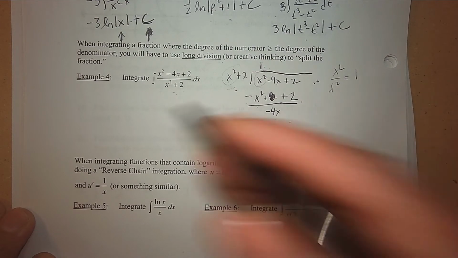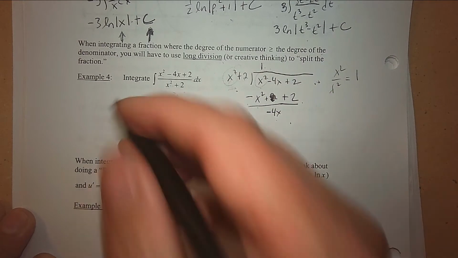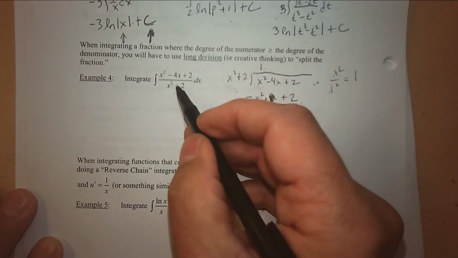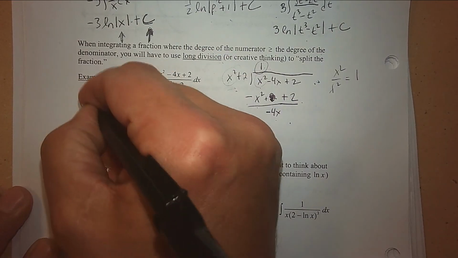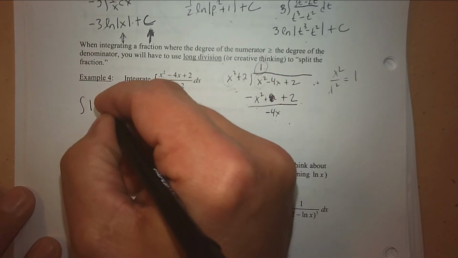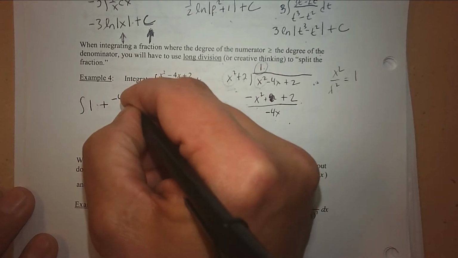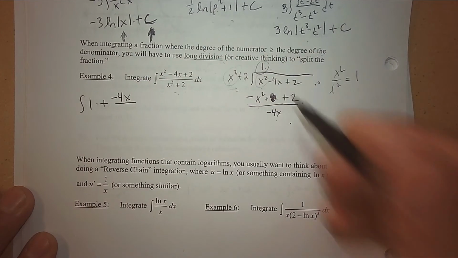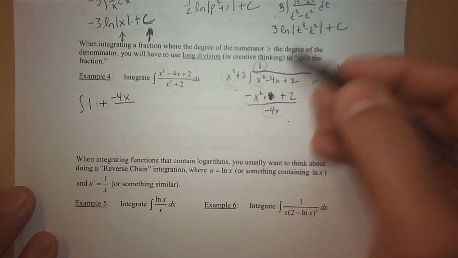All right, let's go back. I need the ability to write this answer down. You ready? So what we had has now become, first of all, what's the answer on top? 1, but I have a remainder. How do I write down that remainder? You can go plus if you want, but it's negative 4x over. So the remainder is what? Negative 4x. What do I put in the denominator for the remainder?